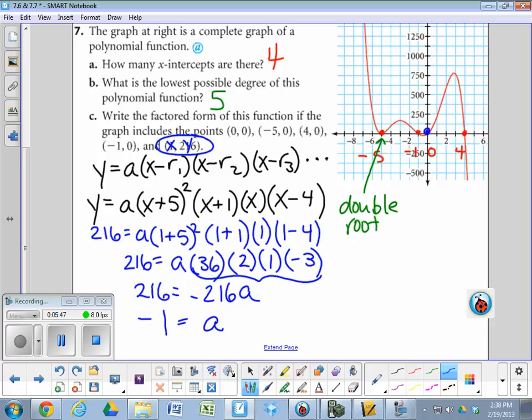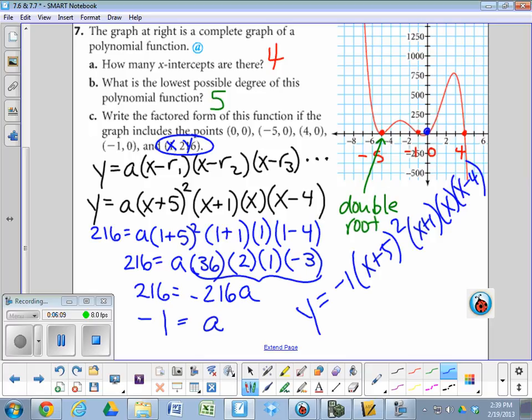Now, what I want to relate to you in the next video is that when a is negative like this, so it's y equals negative 1 times x plus 5 squared times x plus 1 times x times x minus 4, that's a pretty involved equation. But the degree was 5, and a was negative.